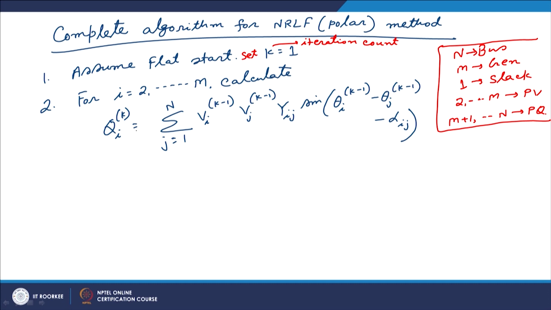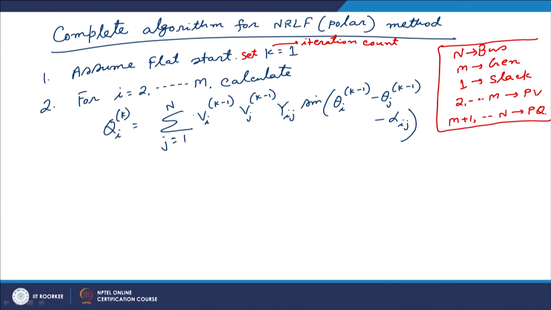And when we are calculating the reactive power generated at the kth iteration, in this case k equal to 1, at this point we only have the knowledge of all bus voltages and angles corresponding to the last iteration, the k minus 1th iteration. So, in the expression on the right hand side, we would always be using the values corresponding to the k minus 1th iteration.